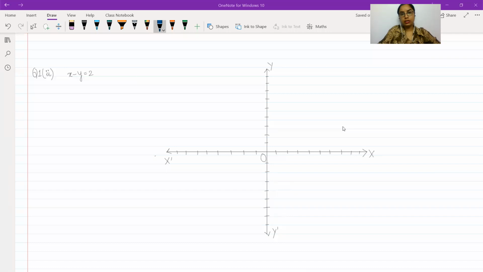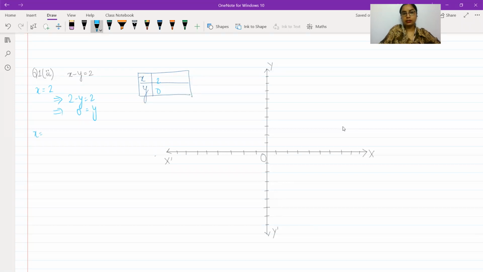Let's find out the values. For this one also, you can quickly find the answer directly without writing anything, but I'm going to show some work. Let's take x equals 2. Then my equation will be 2 minus y equals 2. From here, y comes out to be 0.